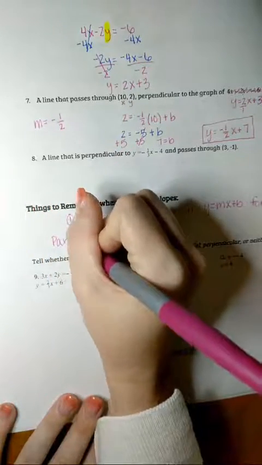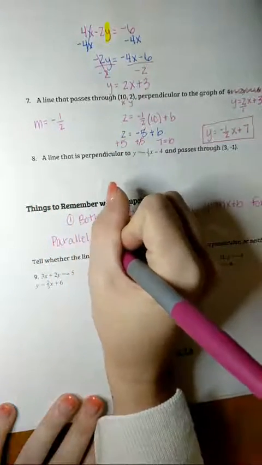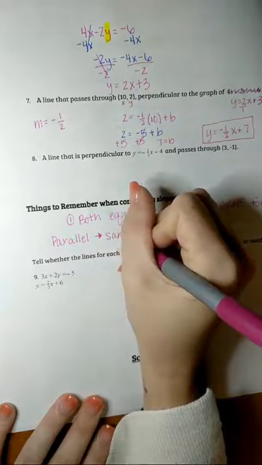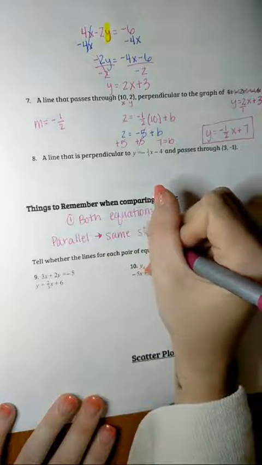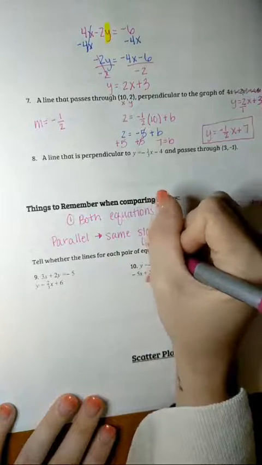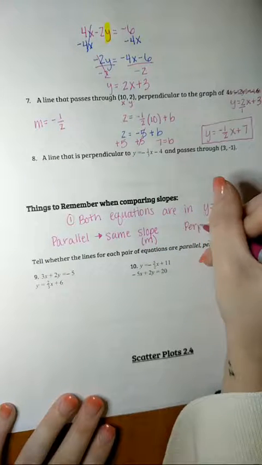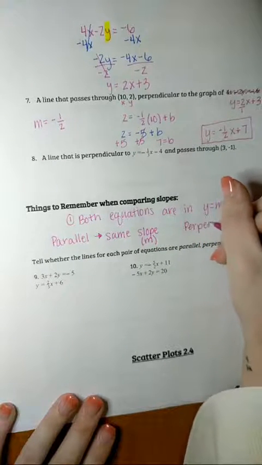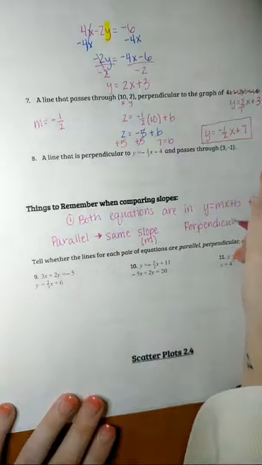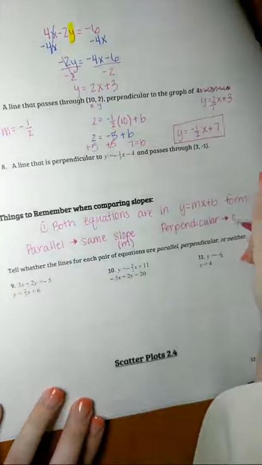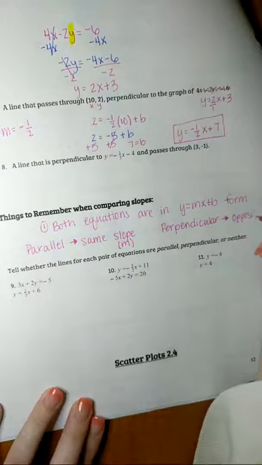If it's parallel, it's going to have the same slope, which remember that's your m value, and if it's perpendicular, it's going to have the opposite reciprocal.